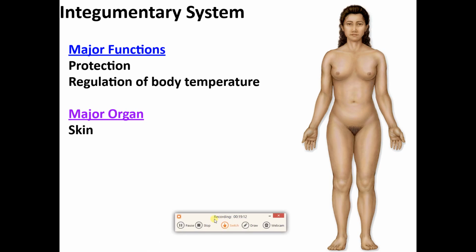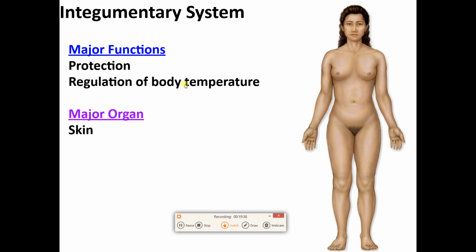Integumentary system. The major organ of the integumentary system is your skin. Two big jobs: protection. You always need protection from physical and chemical insult, from bacteria and viruses, which are always accosting you. Also, skin is going to regulate body temperature.